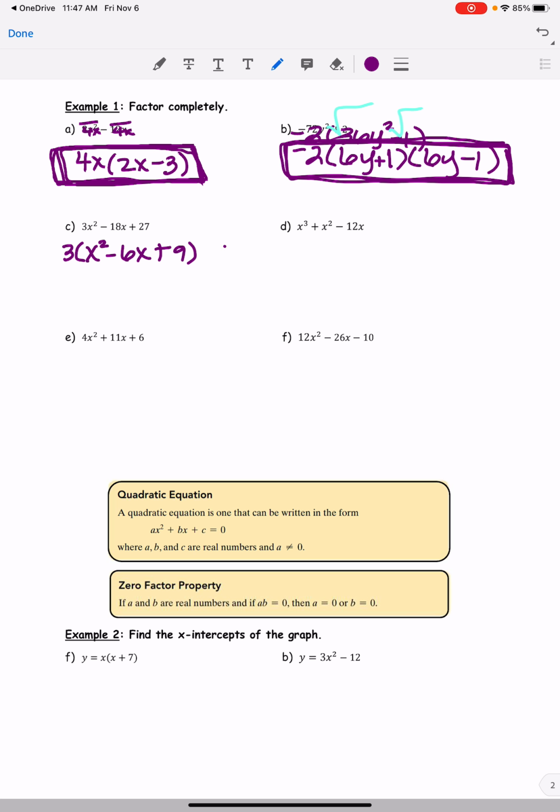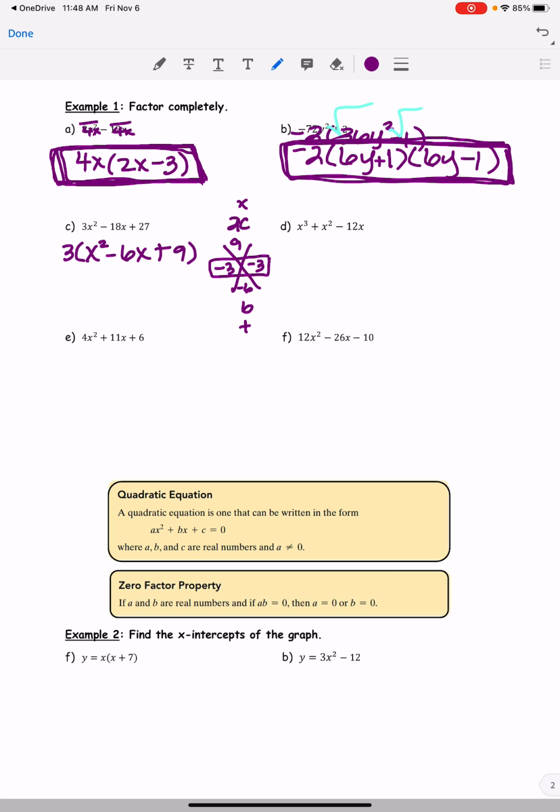So in a trinomial, we got to go into our x. My a times c is 1 times 9. And then my b term is right here. That's negative 6. So what adds up to negative 6 but multiplies to 9? That's going to be negative 3 and negative 3.